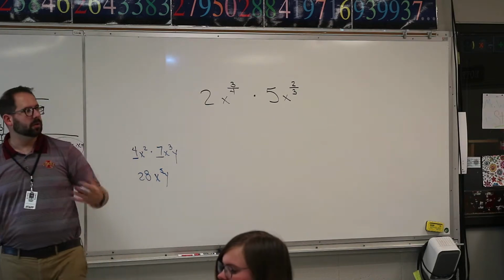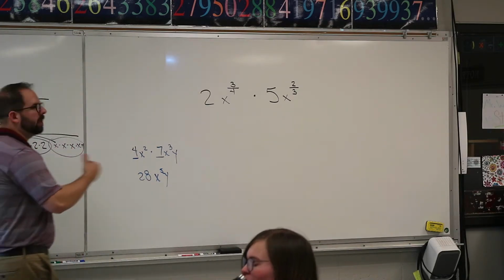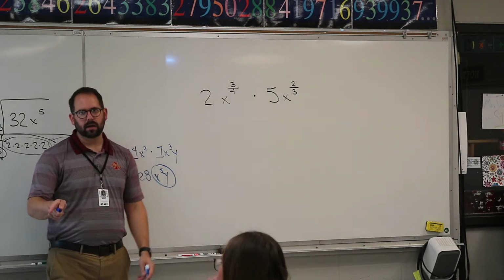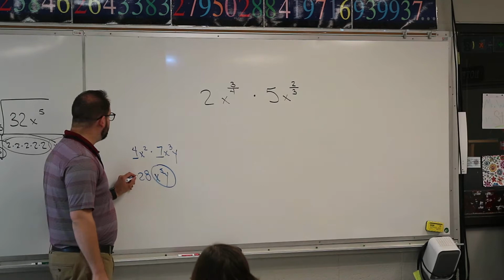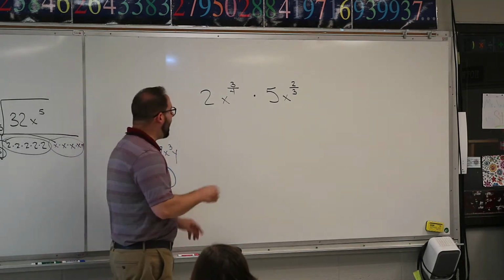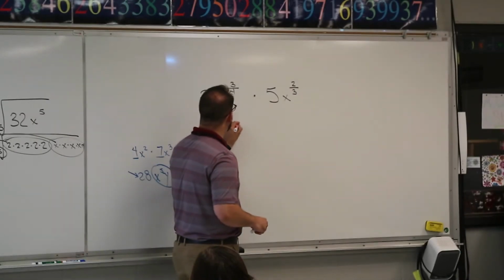That's what we're doing. The problem is we have fractions. So we're doing it by the same method. You're adding up all the variables in the back, but the number up front is being multiplied. So in this problem, I'll multiply the 2 times 5, and I get 10.